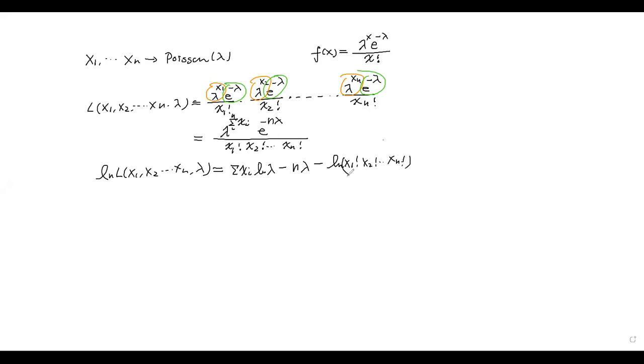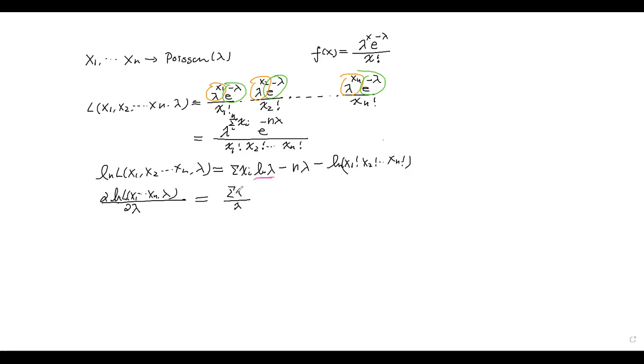I can separate that, but it really doesn't matter because when I take the derivative of the natural log of my likelihood function, I'm taking it with respect to the parameter lambda. So from calculus, I know the derivative of the natural log of lambda is one over lambda.